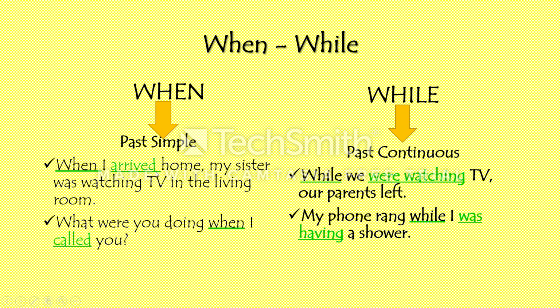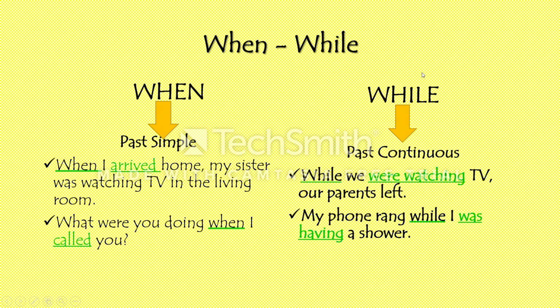You see that this verb arrive is regular and you add ed and you get the simple past tense of the verb arrive. My sister was watching TV in the living room. What were you doing when I called you? You see that this word when is underlined, and after that you should use the verb in simple past tense. Call is again regular and you add ed ending.